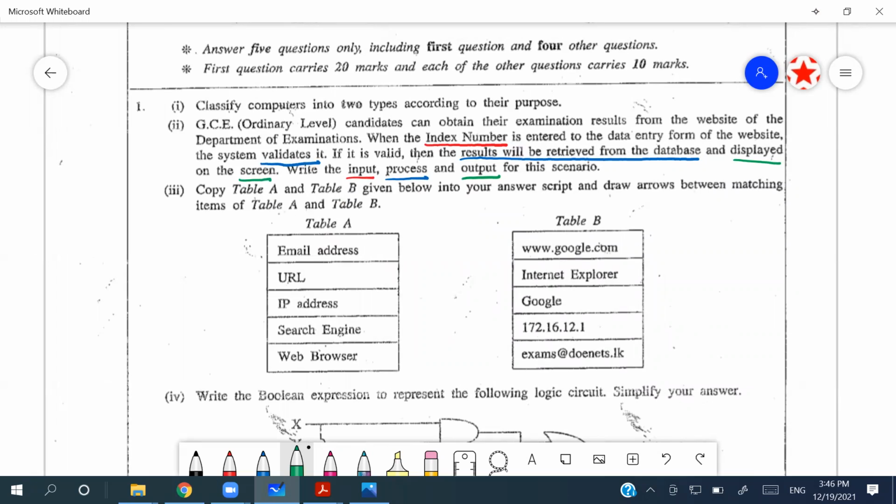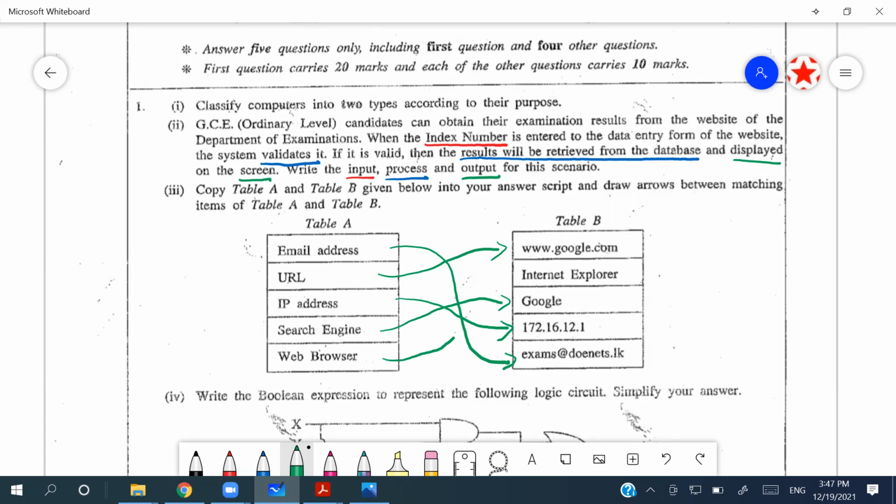Okay, so moving to the third part. Copy table A and table B given below into your answer script and draw arrows between matching items of table A and table B. Email address, here we go. This is the email address. URL, this is a URL. IP address, this is an IP address. Search engine, Google.